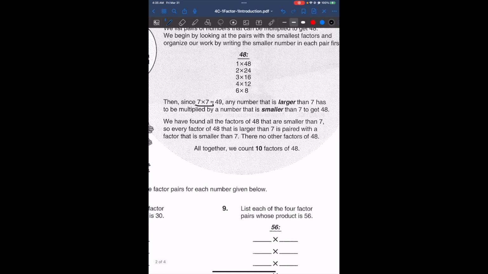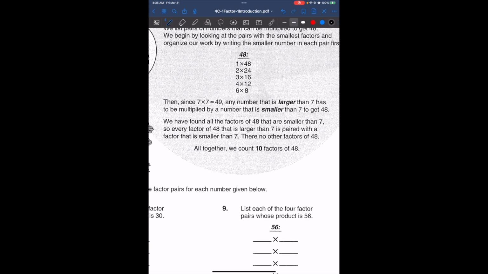This is an exception, and sometimes we have perfect square numbers like 49, where multiplying a number by itself gives that number. For example, for 49, 7 times 7 is 49. In this case, we could have an odd number of factors because we only count 7 once.